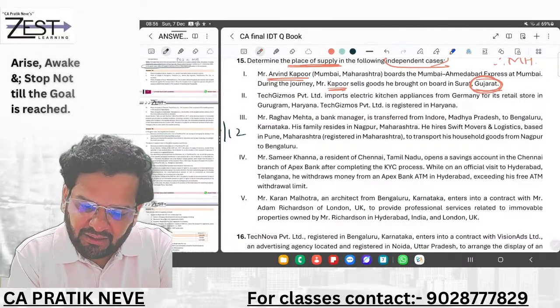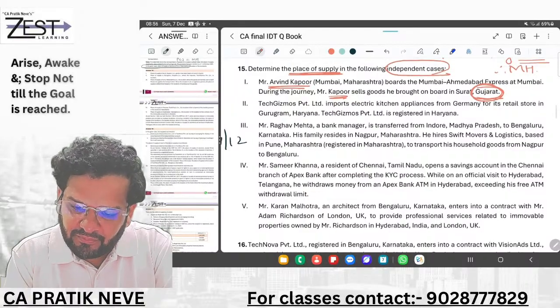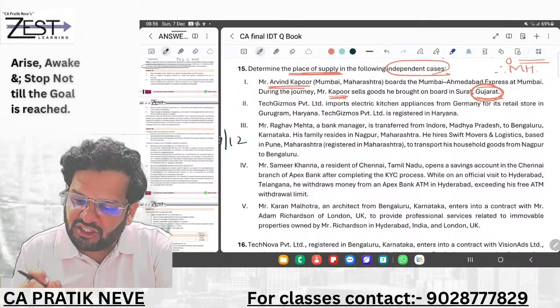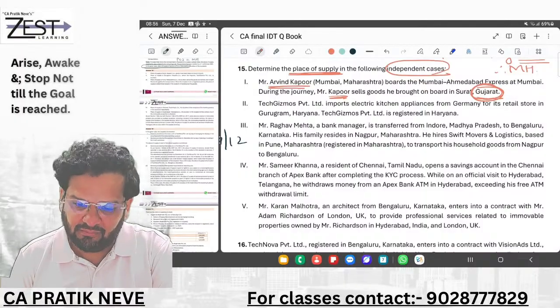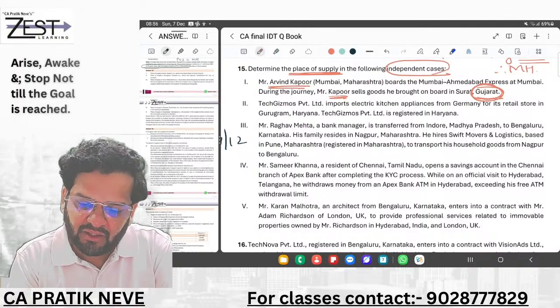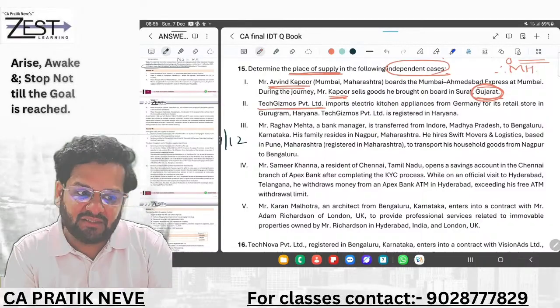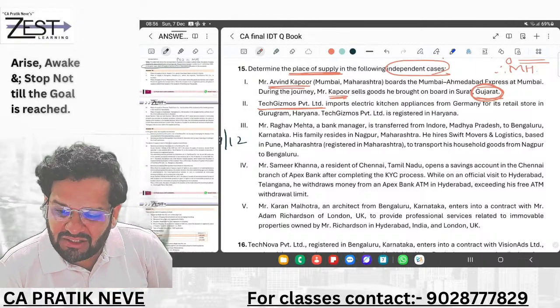Next, Tech Gizmos Private Limited imports electric kitchen appliances from Germany for its retail store in Haryana. So we are talking about Tech Gizmos Private Limited, importing electric kitchen appliances from Germany.